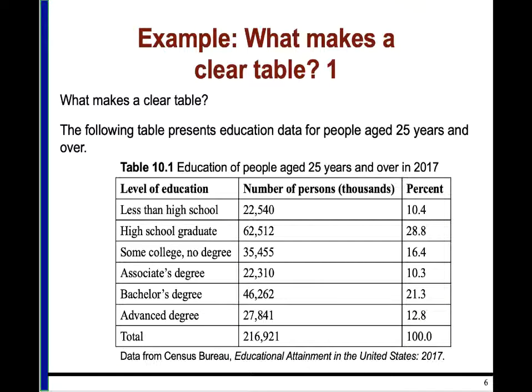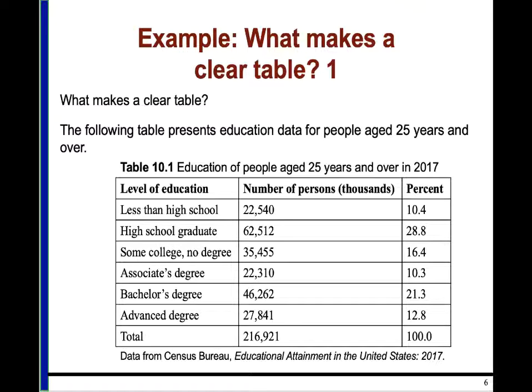So we can make a clear table by clearly labeling what each column is representing. The category that the data represents, the frequency or the number, and notice here that this is in thousands simply because there's so many students in college, there's so many people aged 25 years and over that we don't want to have such large numbers.